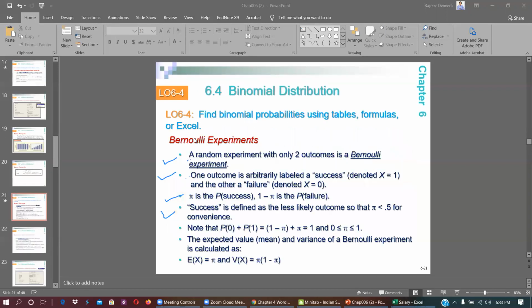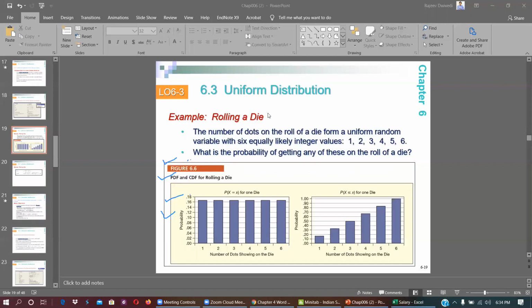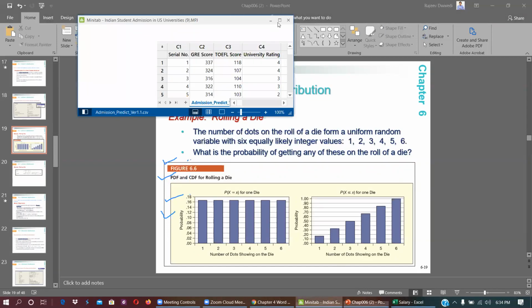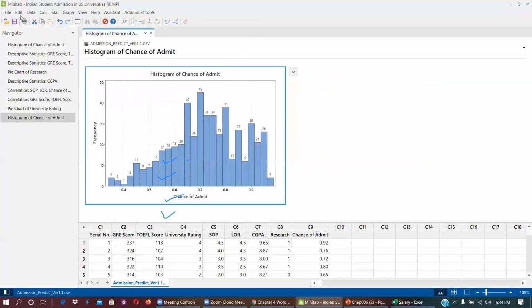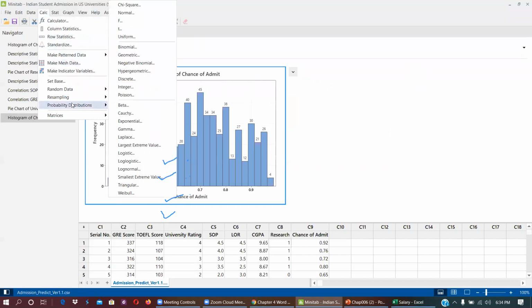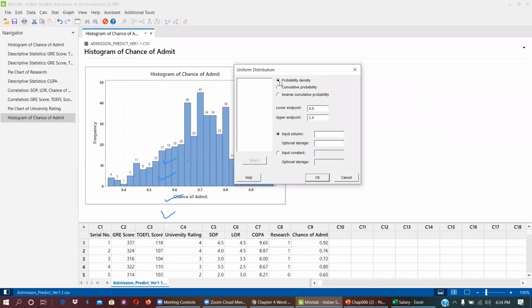Now look into how we can do this in Minitab. Under Calculate we have Probability Distributions, and under this we have Uniform Distribution. Under this we have probability density, cumulative, and inverse options.